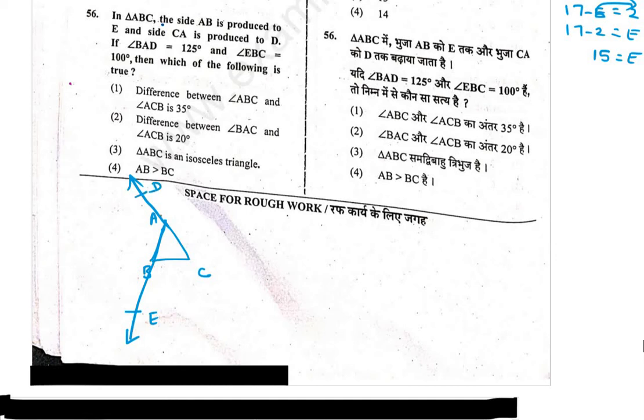BAD, this angle is 125. What about this line? A straight line always makes 180 degrees. So the remaining is 55 degrees. And then EBC, this one is 100. Again by the straight line formula, this is 80.